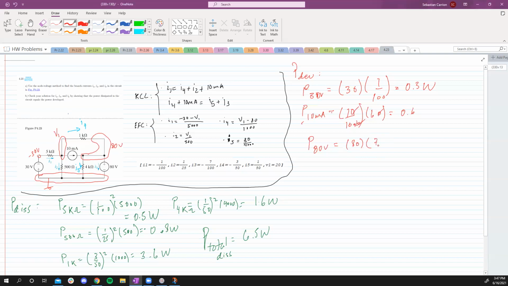I3 is 7/100. 80 times 7/100, it's 5.6. And the sum of this, 0.9 plus 5.6 is 6.5 watts.